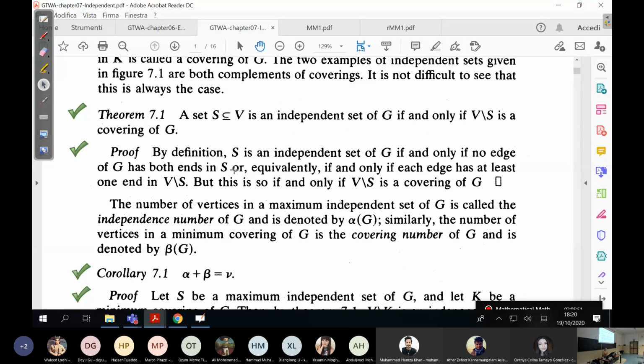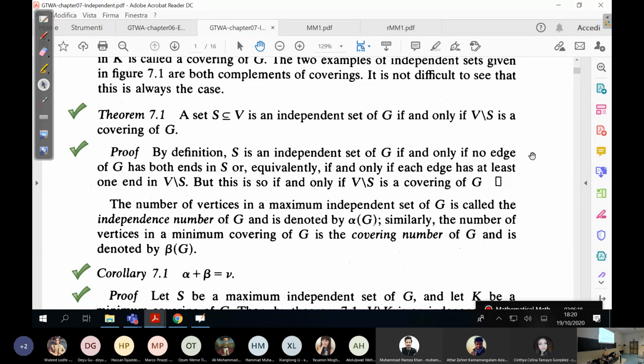So every edge either has no end in S or has at most one end in S. But this means that it has at least one and possibly two ends in the complement V minus S. And this happens if and only if V minus S itself is a covering.